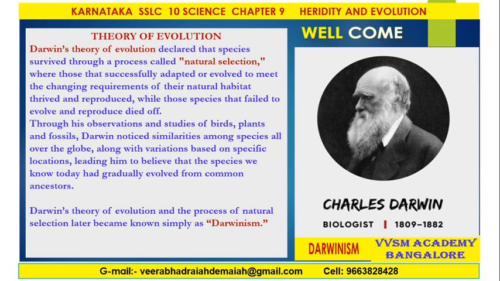Darwin's theory of evolution and process of natural selection later became known simply as Darwinism. Charles Darwin, a great biologist and scientist, lived from 1809 to 1882.